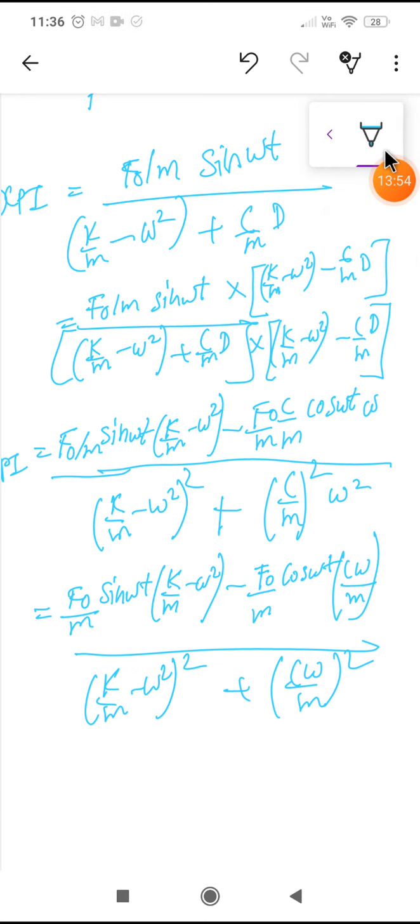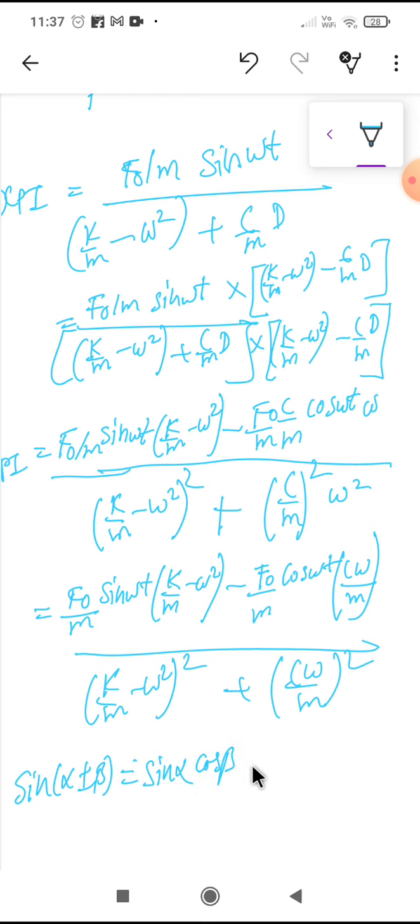So now, as you can see, the terms are something like sine something minus cos something. So if we can create the sine alpha minus beta formula. What is the sine alpha plus or minus beta formula? As we know, it is sine alpha cos beta plus or minus cos alpha sine beta.